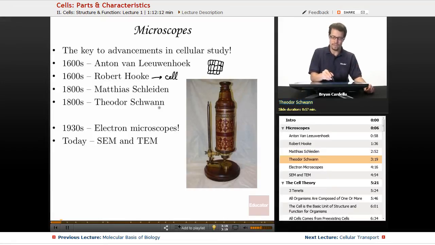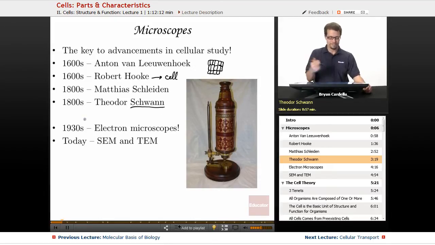And Theodor Schwann, he's the animal cell guy. Schwann cells, actually, his name inspired the name for a kind of insulatory cell that's wrapped around the axons of neurons in animals. So this is the plant guy, and this is the animal guy.